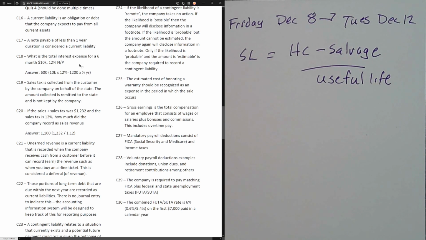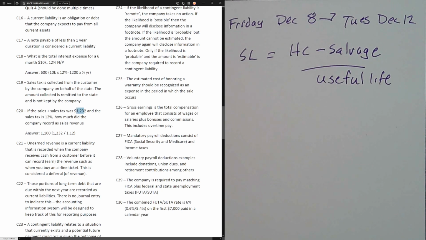The other one is here at C20. Just make sure, if you're given the total sales plus sales tax number, but you're not given a breakout and you're only told the sales tax percentage, how do you get how much you record as sales revenue, or how much you need to record as the sales tax payable? Remember, you divide by 1 point whatever the sales tax is.